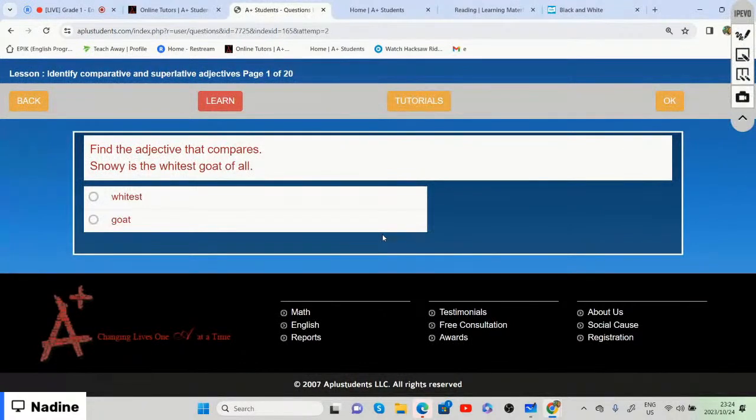A comparative adjective ends in er, and it compares either people, places, animals, or things. And then we have a superlative adjective, which compares more than two people, places, animals, or things, and it ends in est.